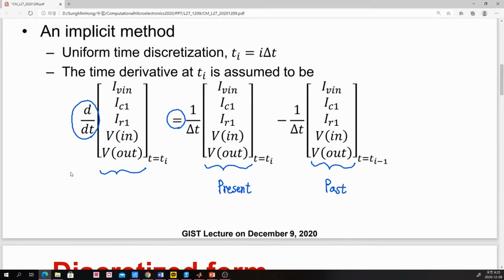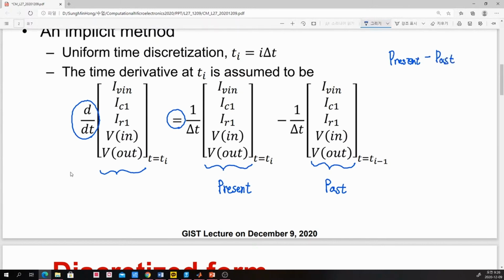So we just take the present value minus the past value and divide it by the amount of time difference. You will find that this actually corresponds to a crude form of our variable's time derivative: x at present time, x at past time.